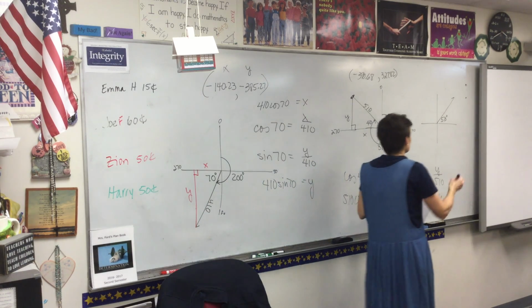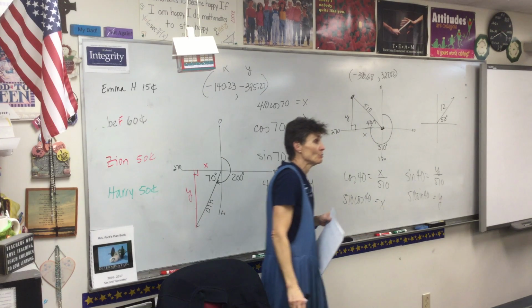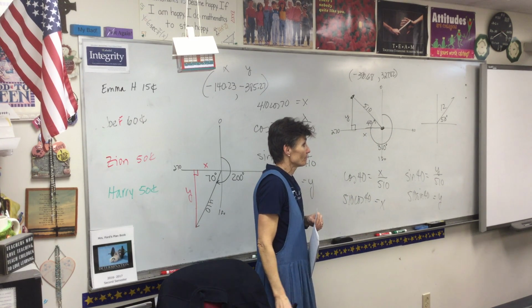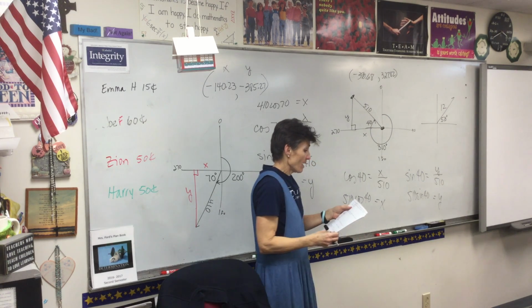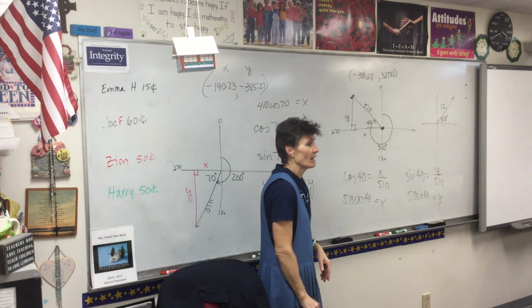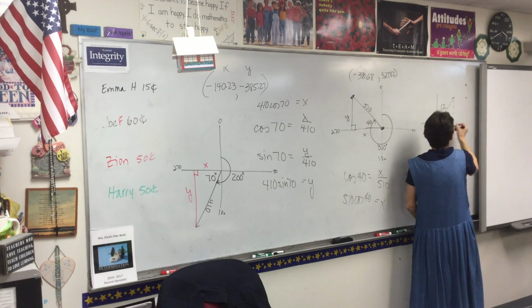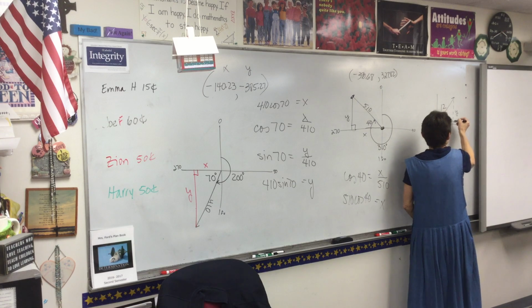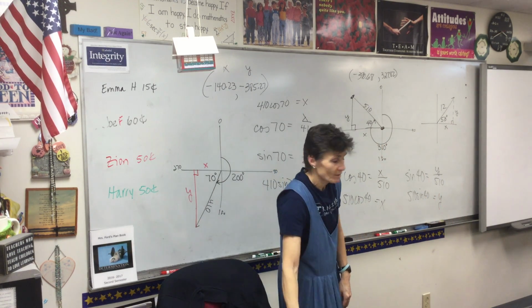And the speed is 12. And remember, speed is magnitude. Find the components of the velocity vector. So one more time, we're finding x and y. All right, go ahead and do that.